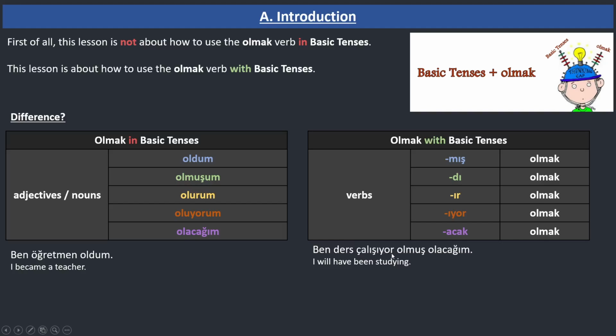But first I use ıyor, the same continuous tense suffix, and then I combine it with olmak. Let's keep it simple. Ders çalışıyor olacağım. That fits the translation better. Ders çalışıyor, ıyor on the verb. Olacağım, there's still acak on olmak.